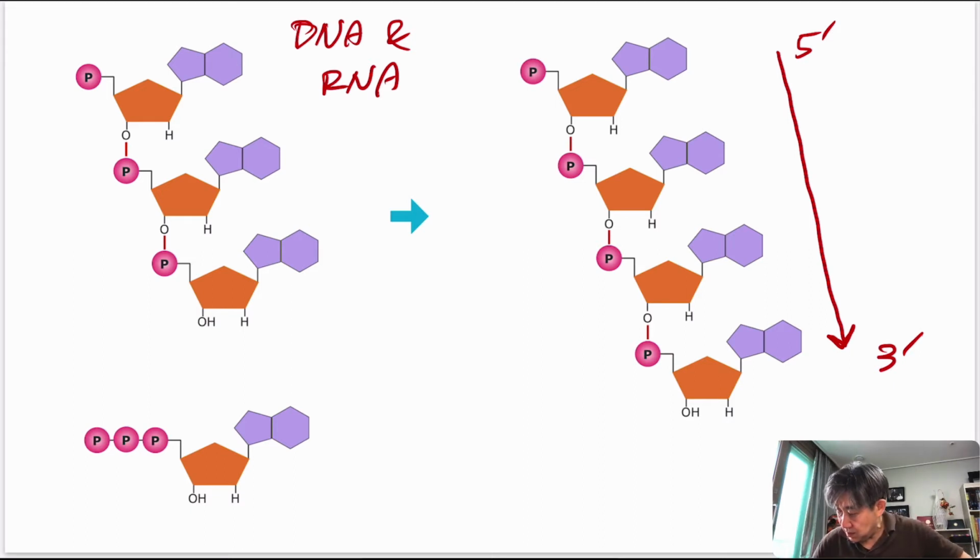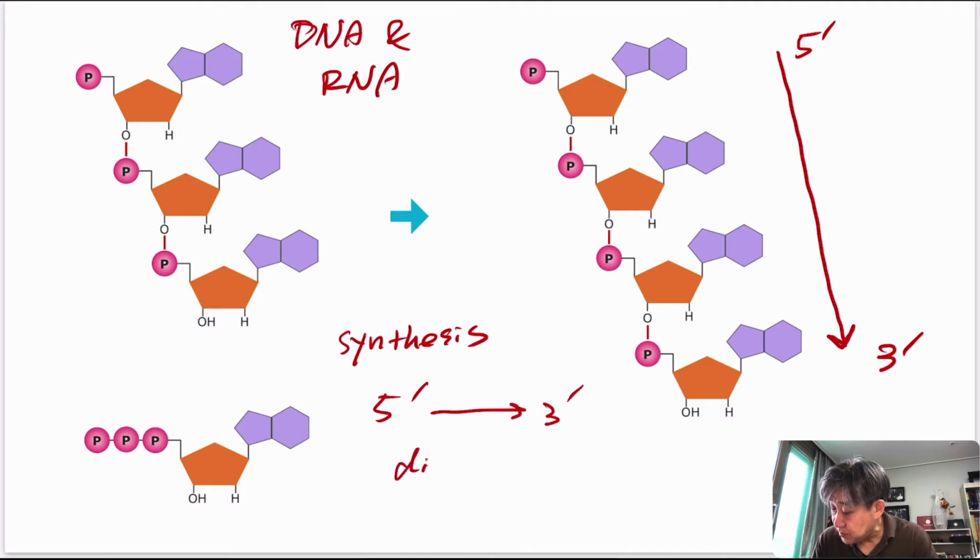And here what you can say is the synthesis of nucleic acid, whether it's DNA or RNA, always goes from 5' to 3' direction.